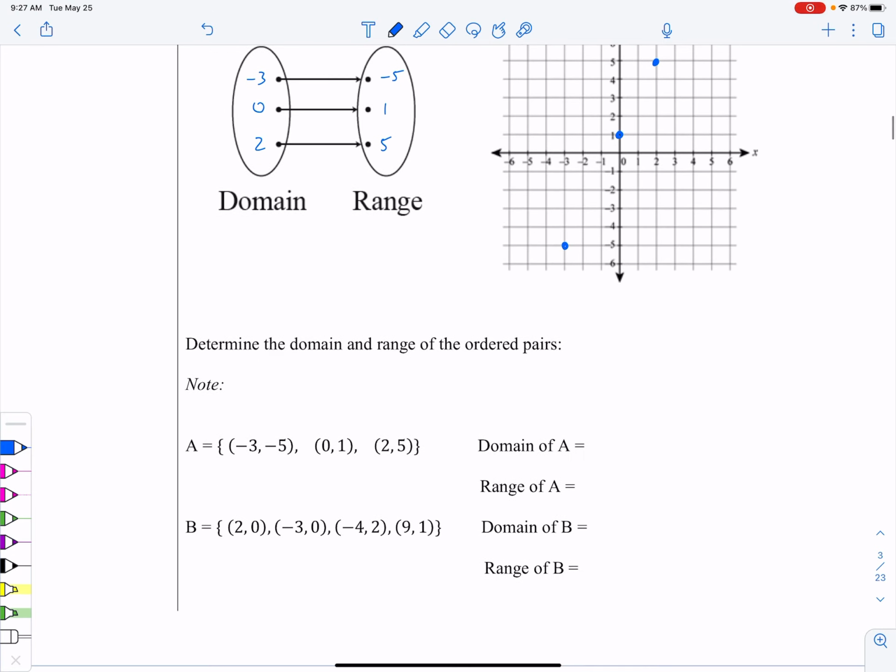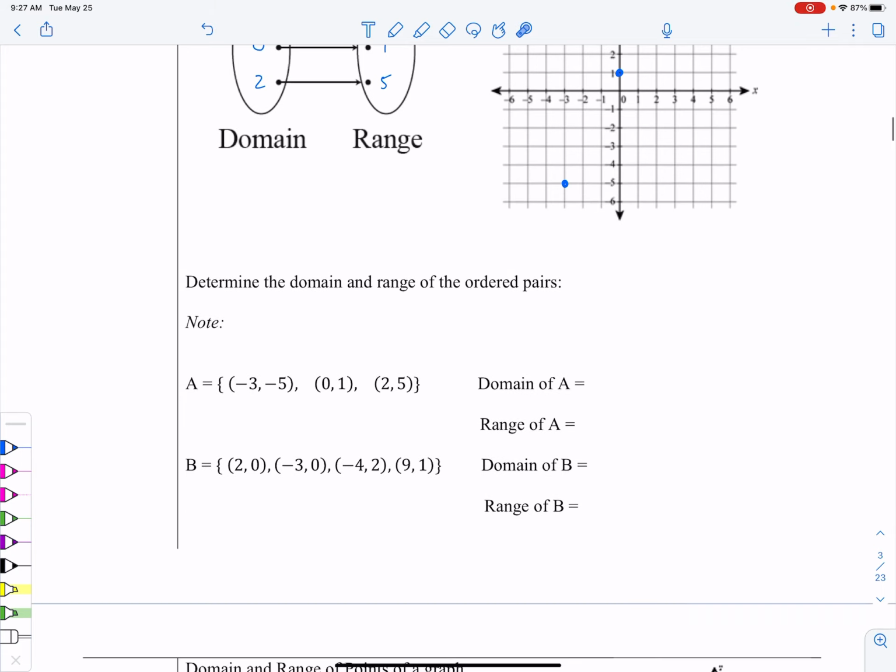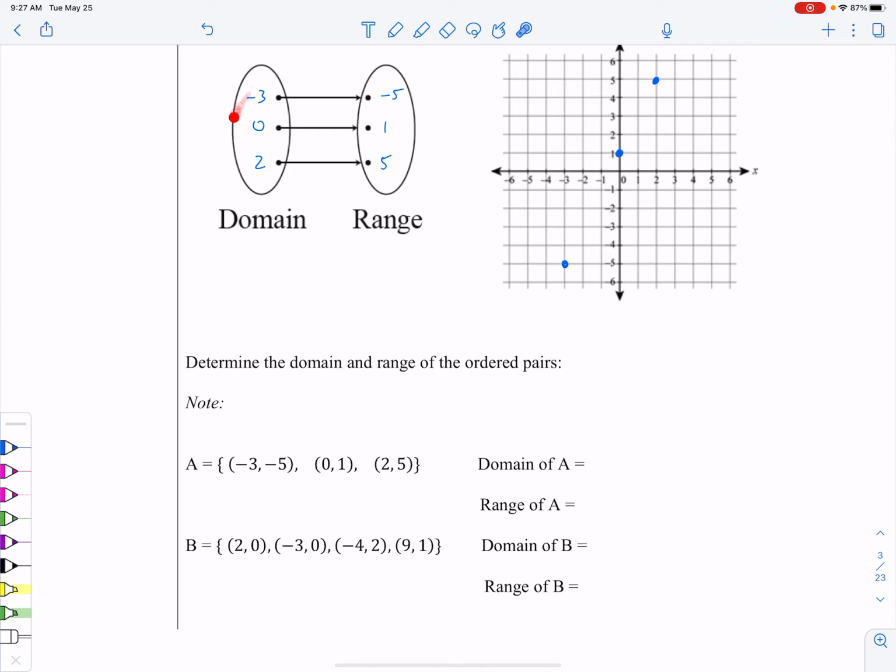We can determine domain and range of ordered pairs. So the domain, if you look here, it says domain and range underneath. Notice that the domain is all of the x values and the range is all of the y values. So here for our domain, we're going to focus just on the x values.